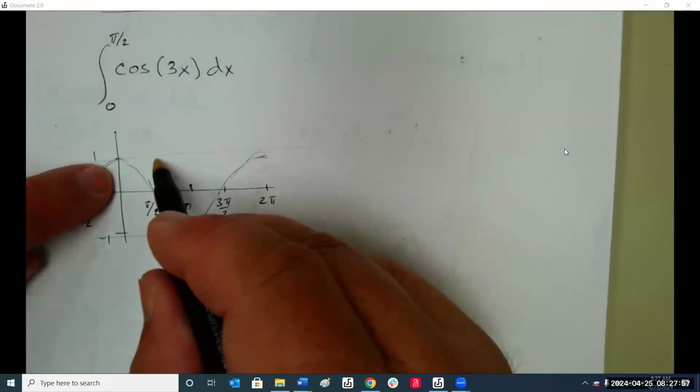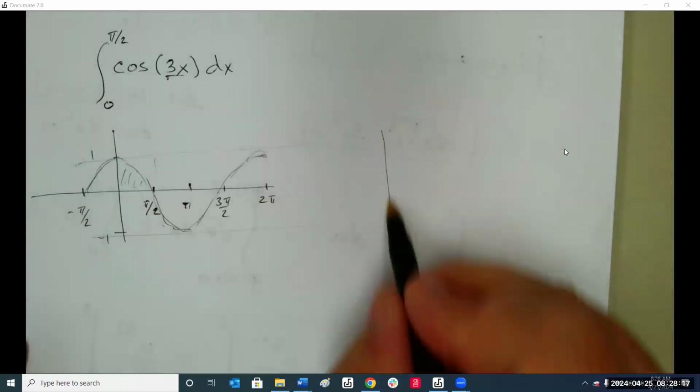It's bounded by 1 and -1. But we're only looking at this area here from zero. So that's traditional cosine, but our angle is 3 times. So what happens here is our graph has a horizontal stretch by 3.